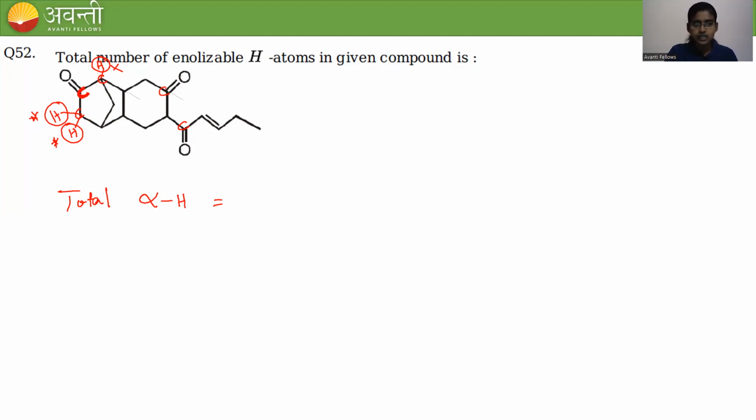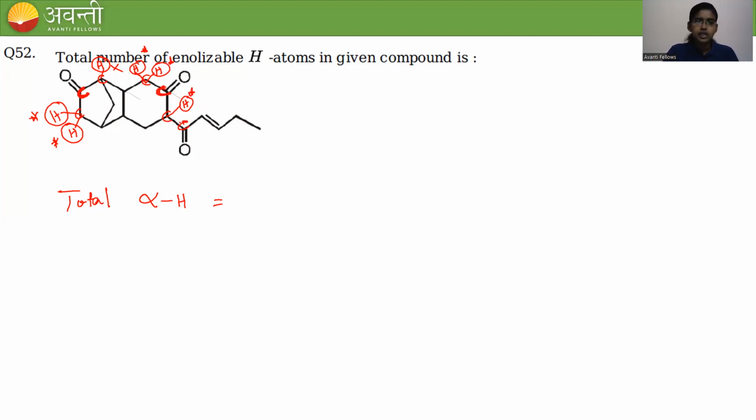And coming to the second C double bond O, both are alpha carbon, and here you have two alpha hydrogen, and here we have one alpha hydrogen for this C double bond O. So totally 5. 1, 2, 3, 4, 5. Okay.